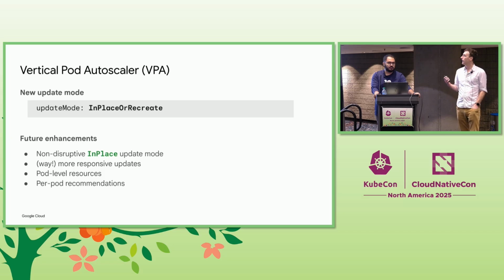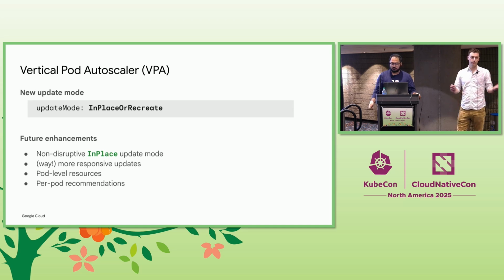There's now in beta this option, in-place or recreate, which first attempts to do an in-place resize, and only if that resize fails does it fall back to the recreation mode. In the future, we'll probably also add a fully non-disruptive in-place only mode.